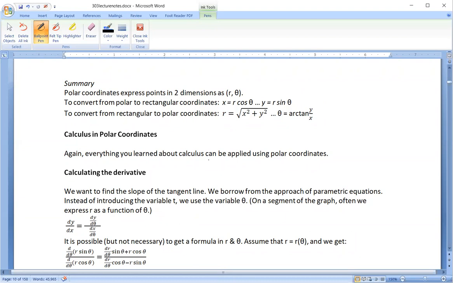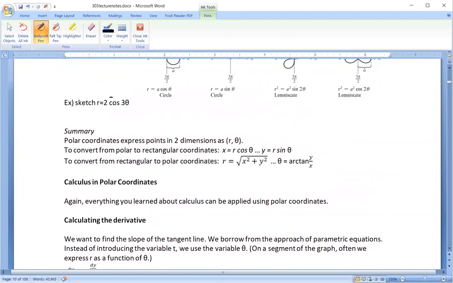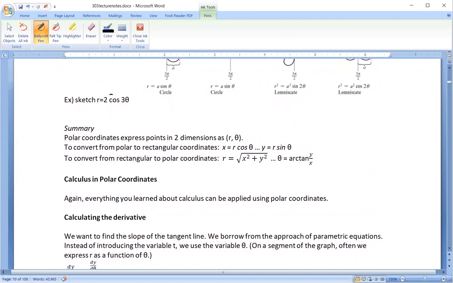So for example, suppose you want to find the slope of a tangent line. We know the slope is like rise over run, it's dy dx, but everything's written in r and theta. So the way that we're going to answer this question is to borrow an approach from parametric equations.